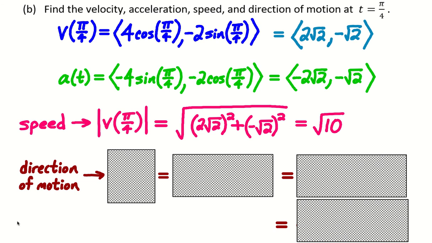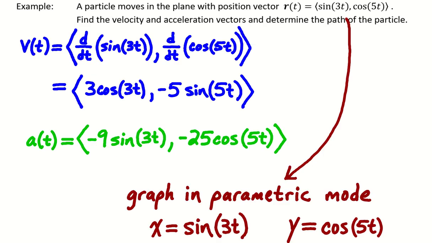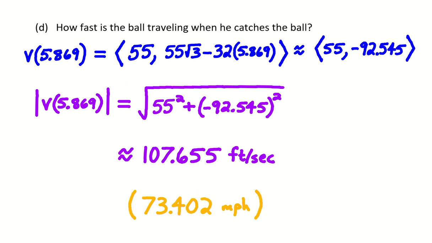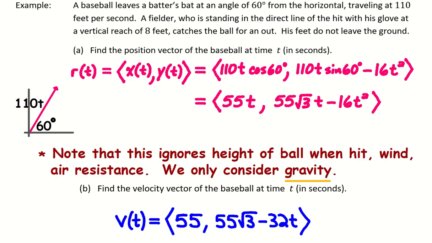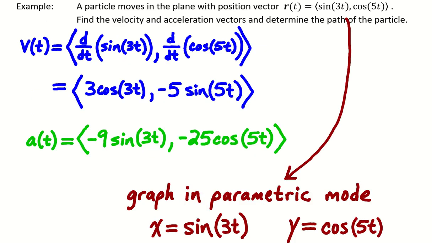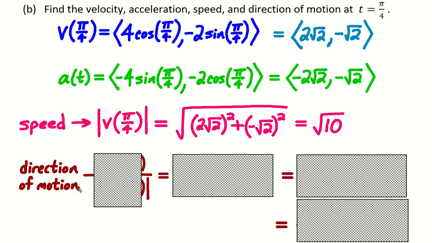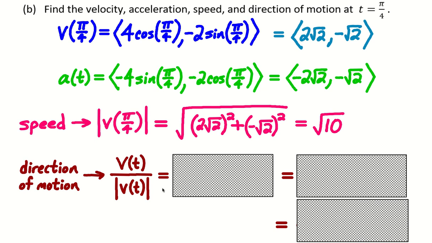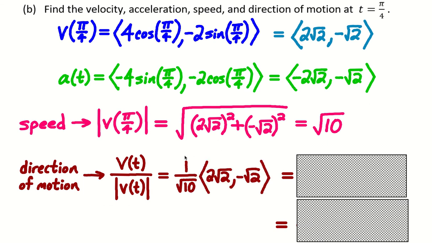And then the direction of motion, remember, has a very specific definition. So this was the direction of motion, and remember, this is a vector. And this was the speed. We just found out that this was root 10. And so ultimately, you find the direction of motion by doing this.